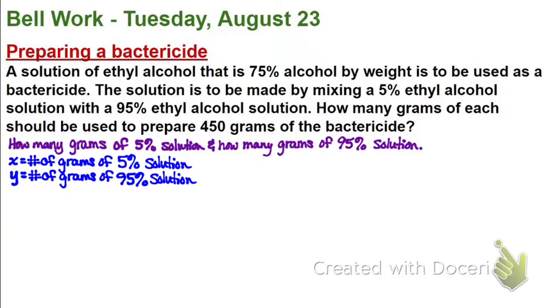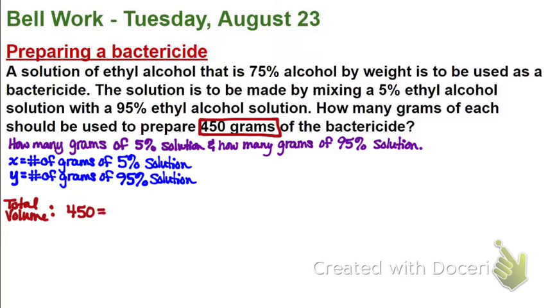So what kinds of information do we have about what we want from our final product? Total amounts of grams will equal 450. So I'm going to call this total volume. 450 is my total, and it's going to be made up of what?